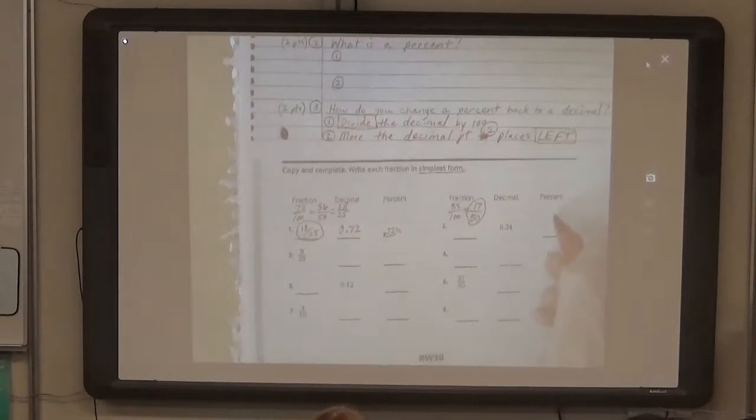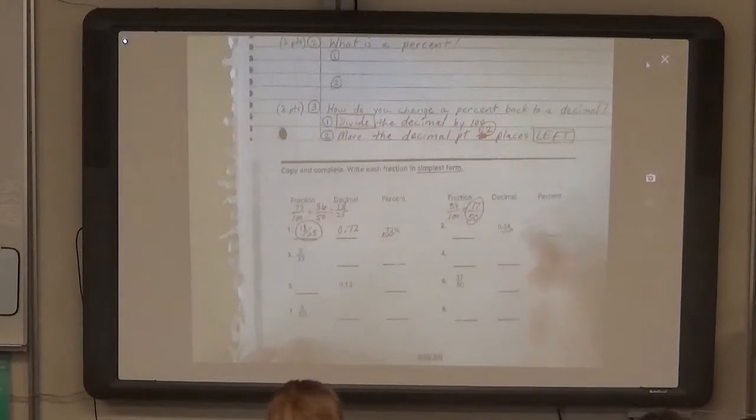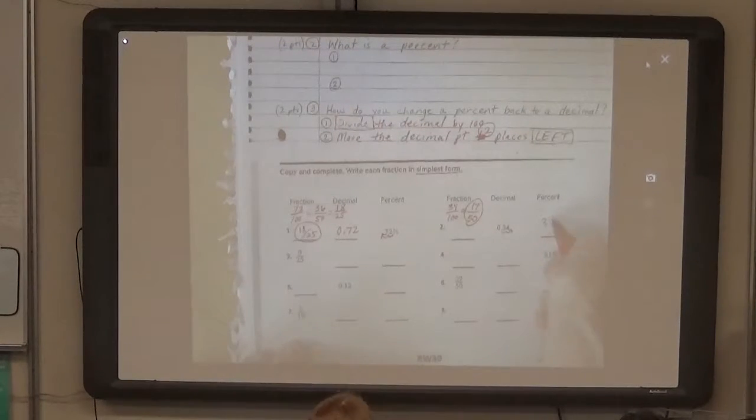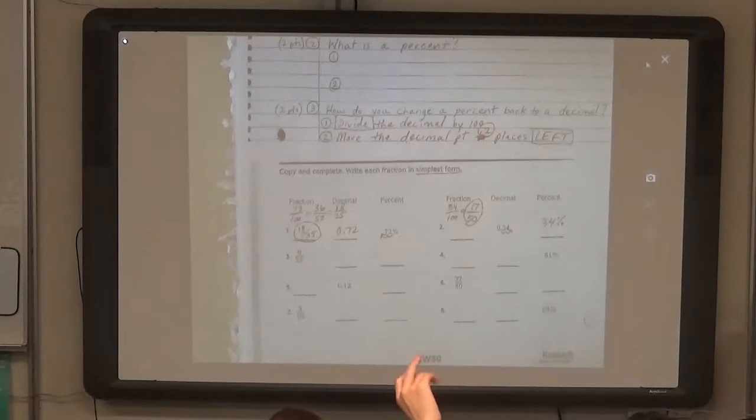How do we change this to a percent? Move the decimal place 2 places to the right. It's 34%. What if it's like 0.345 and you move it 2 places over?